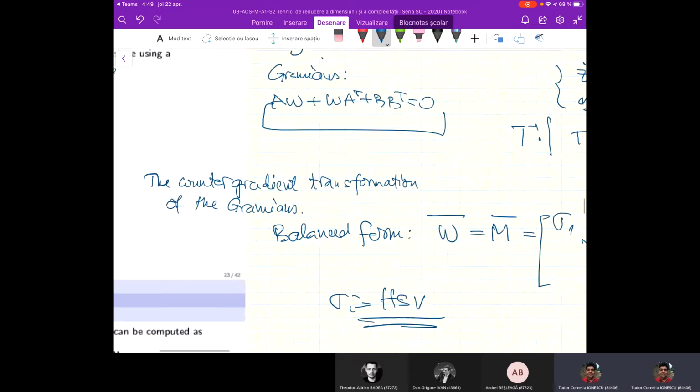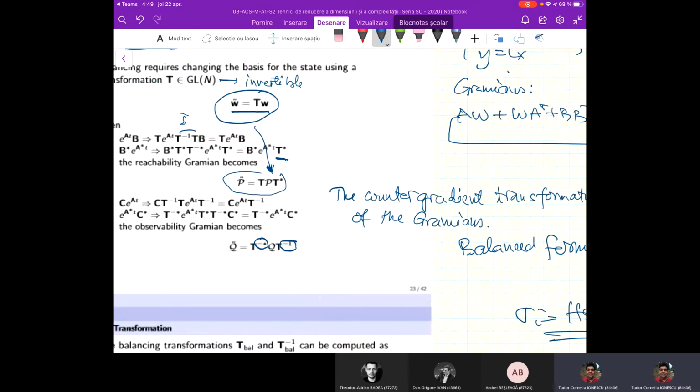So that means this coordinate transformation T, we'd like it to be a balancing transformation. This is what we want to achieve.